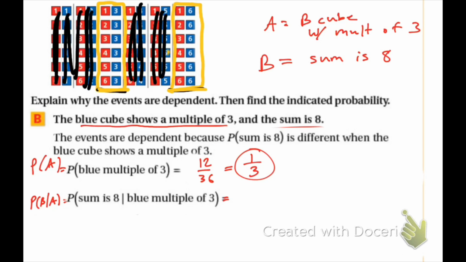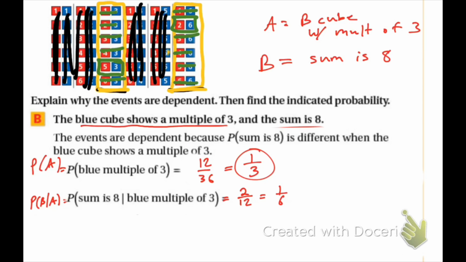Well, 6 and 3, 9, that doesn't work. 5 and 3 is 8, 7, 6, 5, 4, 12, 11, 10, 9, 8, and 7. So 2 out of those 12 work, which reduces to 1/6.